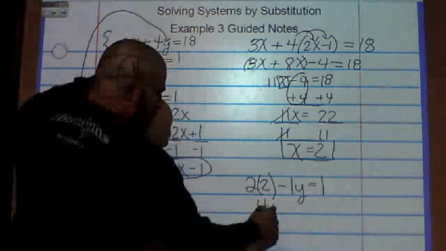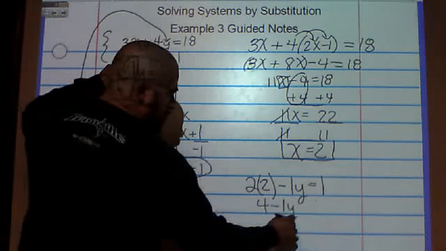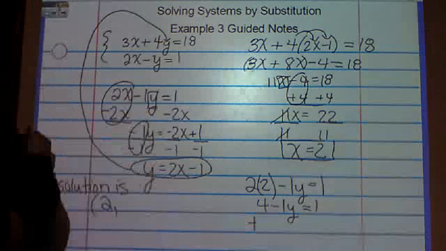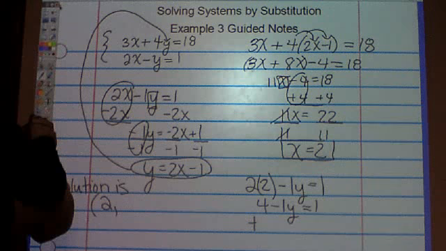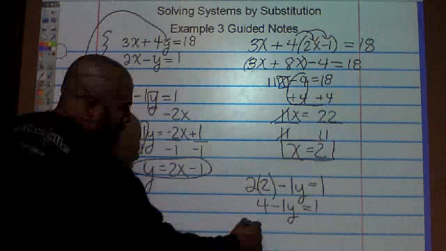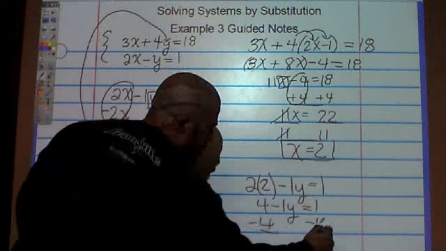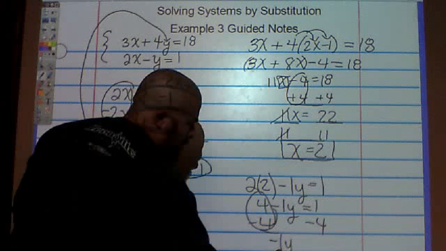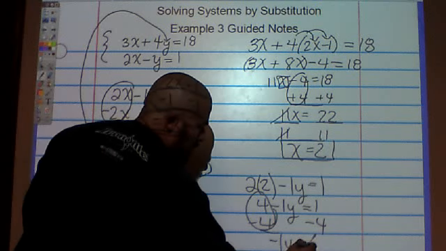That's 4 minus 1y equals 1. Subtract 4. That's a 0 pair. Negative 1y equals negative 3.